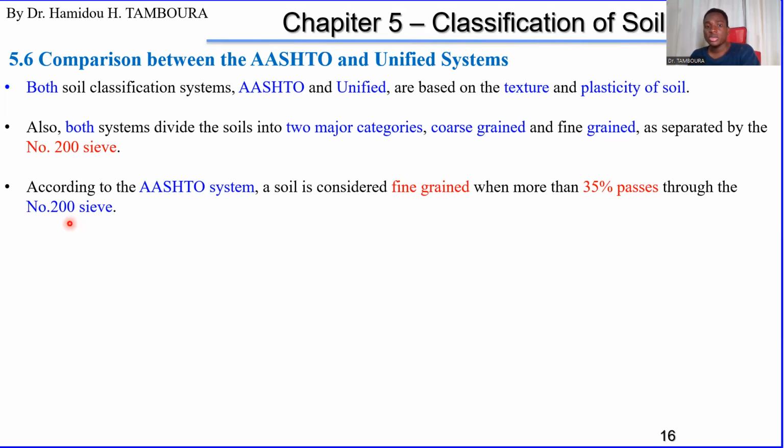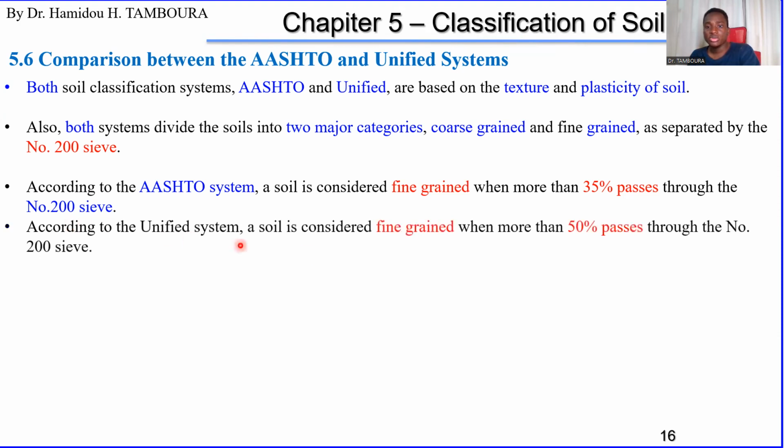But on the contrary, in the unified classification system, soil is considered as fine when more than 50% passes the sieve number 200. See, the percentage is high, I think.